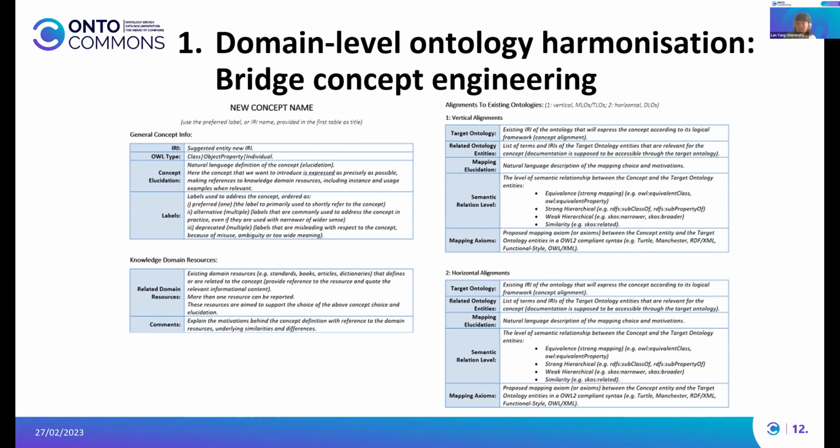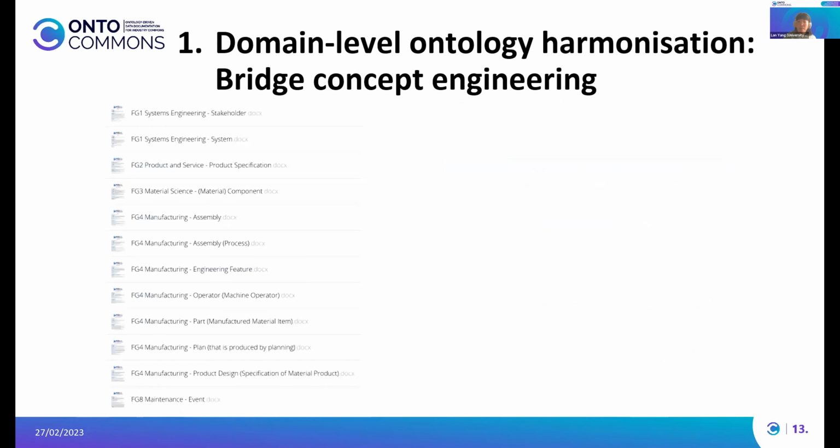It contains the related knowledge resources, either the definitions about this concept or some traits or features about this concept. And then the last part deals with the alignment, both vertically and horizontally. So I'm going to show you a quick example through my slides, but Francesco and Arco will talk about the bridge concept in more detail later on in their presentation as well.